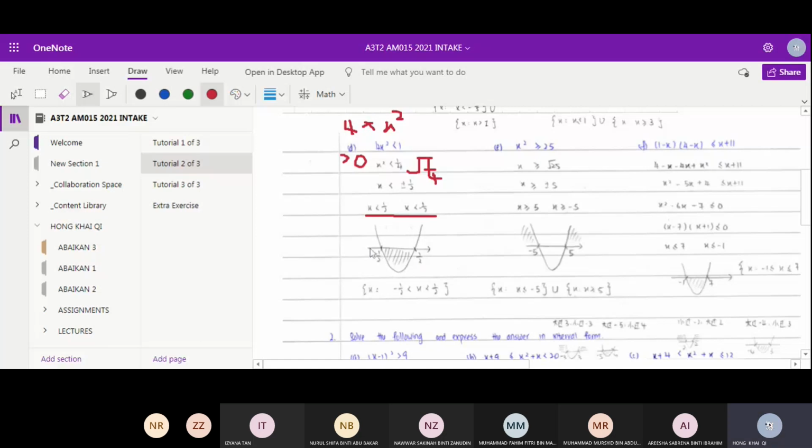The 1 we change into 0, so less than 0. The area we need to highlight is below 0, here, because it is less than 0.